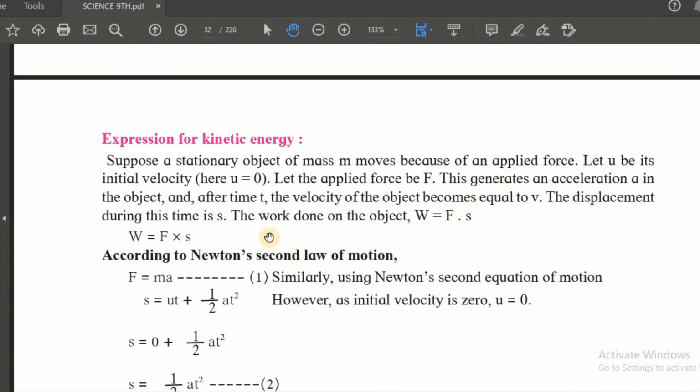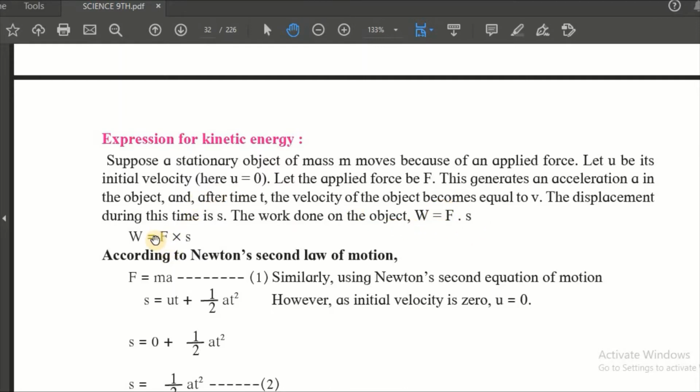Therefore, for the displacement during that time, the work done on the object, W, is equal to F into S. F is the force, S is the displacement.